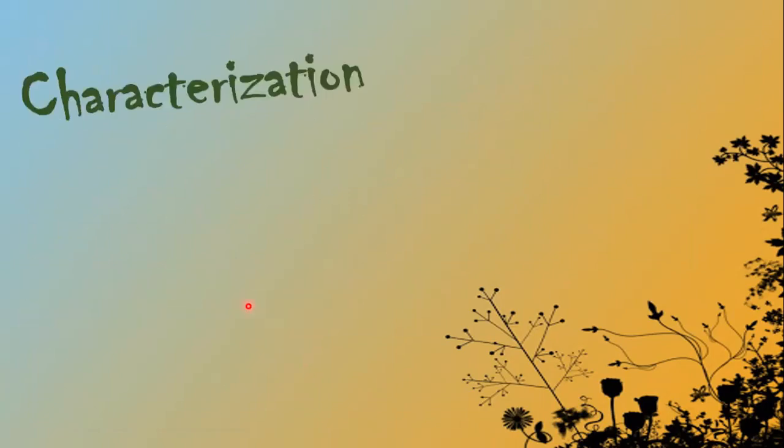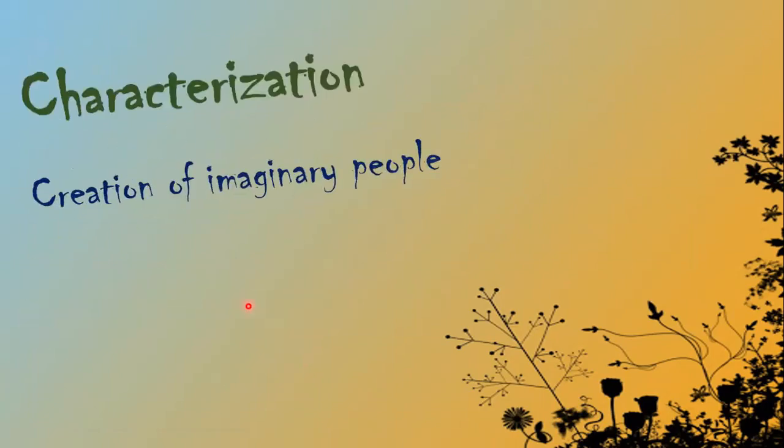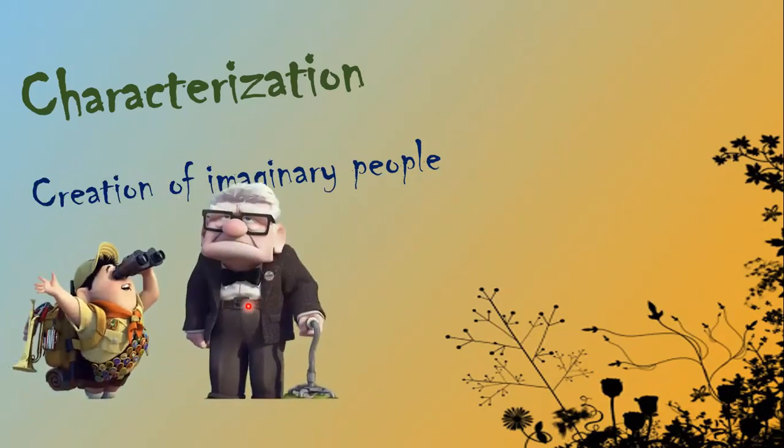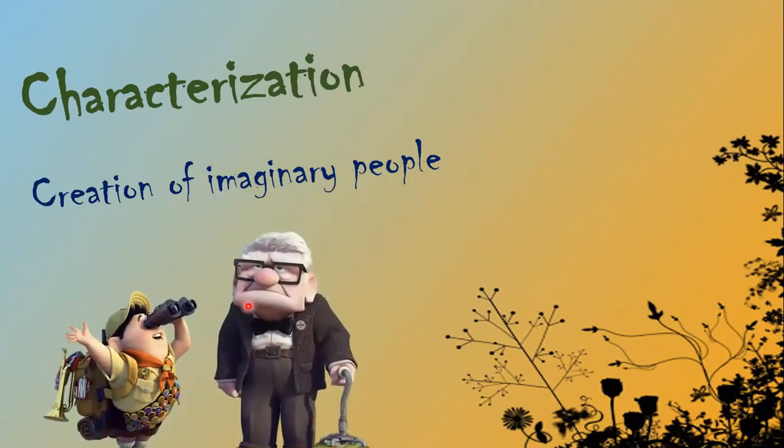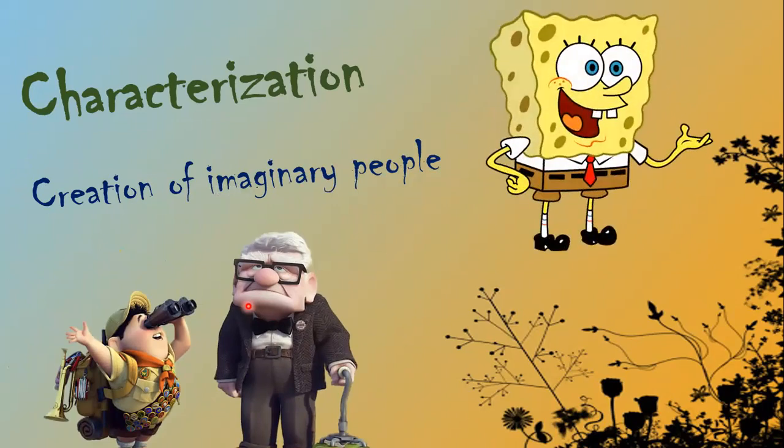Once you have created the setting, you have told your readers about the setting, then comes the step where you have to create your characters. Now, your characters, if they are not real, are imaginary characters, so you have to portray them in a way that they look real to your audience. So be very descriptive in talking about your character.